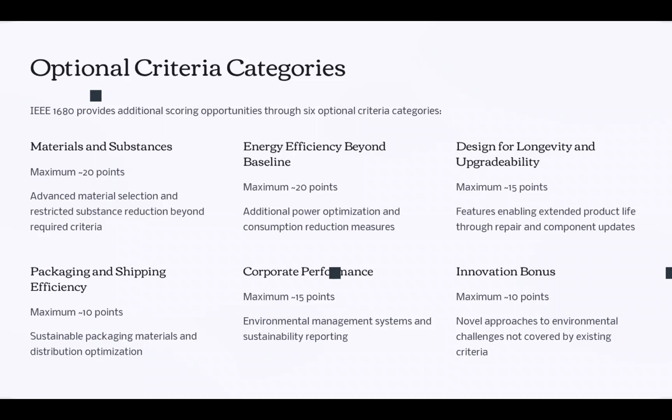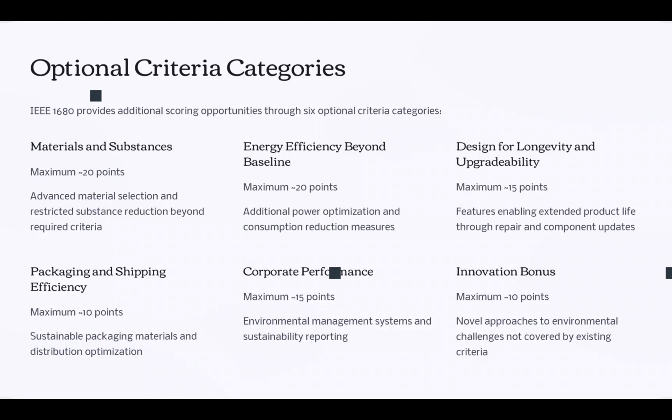As we mentioned earlier, we have an innovation bonus that adds up to 10 extra points. This is for companies doing something truly new that isn't already covered in the standard, but clearly helps sustainability. Now, these categories let the manufacturer show leadership in ways that make sense for their product and business.